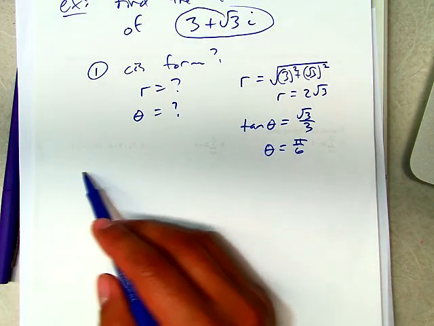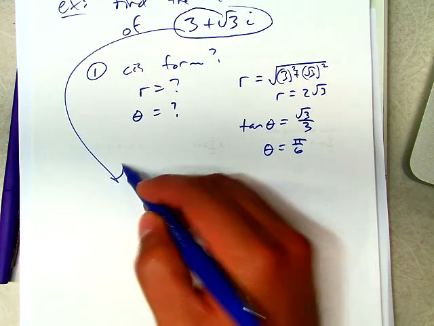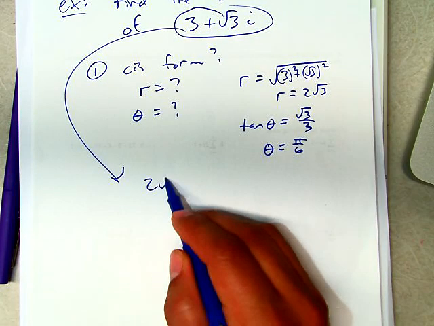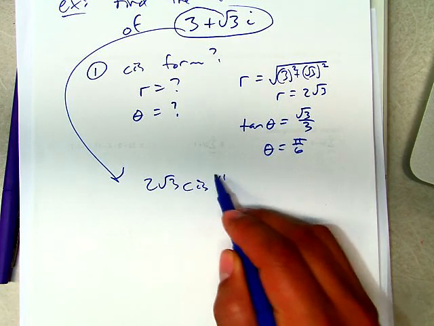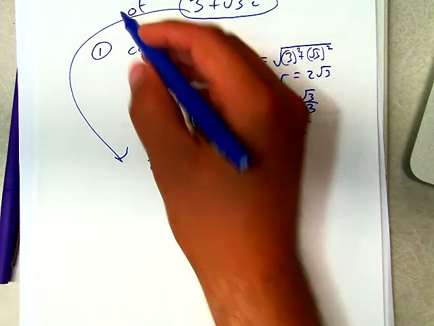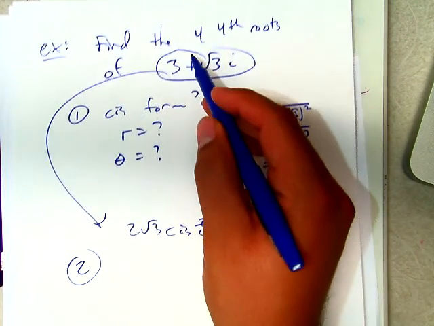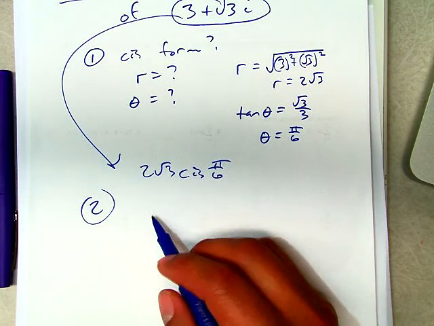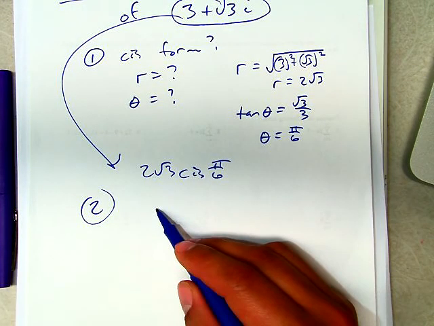Okay, and so once you have this, then you're good to go because this number is the same as 2 root 3 CIS pi over 6. And then the second thing you would do, if we're looking for the fourth roots, what equation would I set this up as?